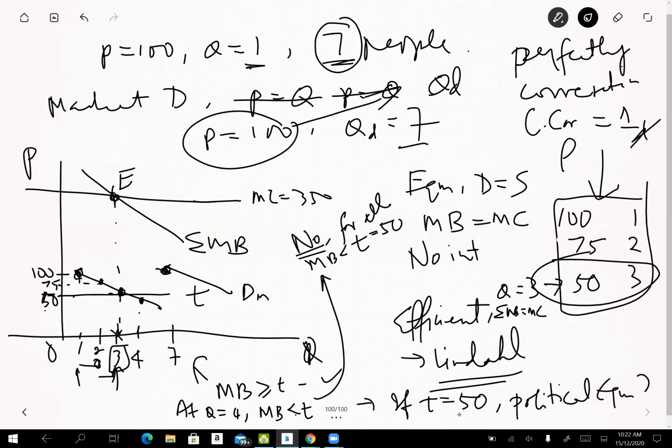Everybody will pay the tax share of 50, and that is the payment they are going to pay, and that is the most preferred choice. The marginal benefit will be just equal to the tax for everyone.